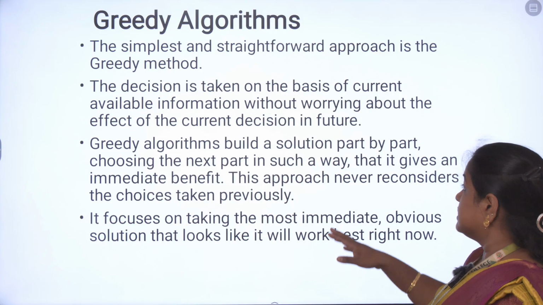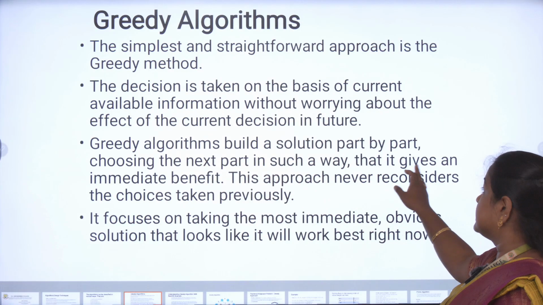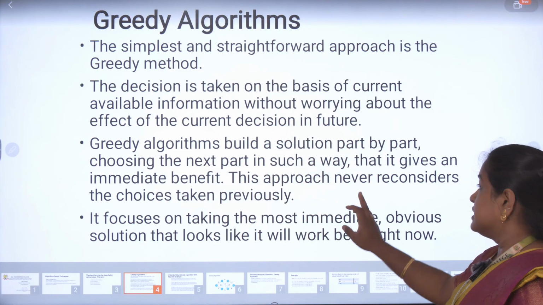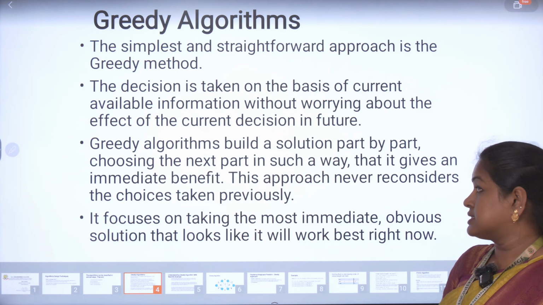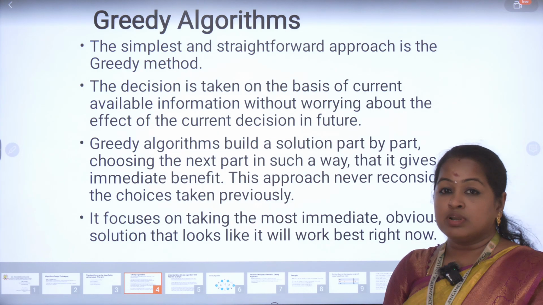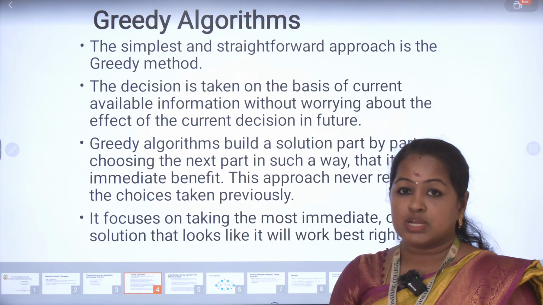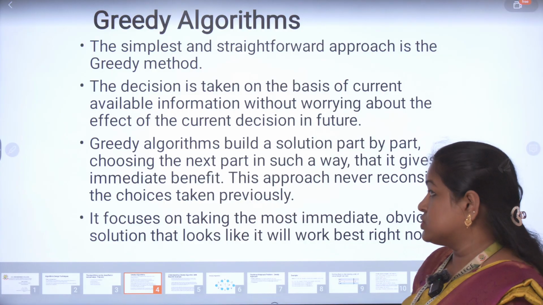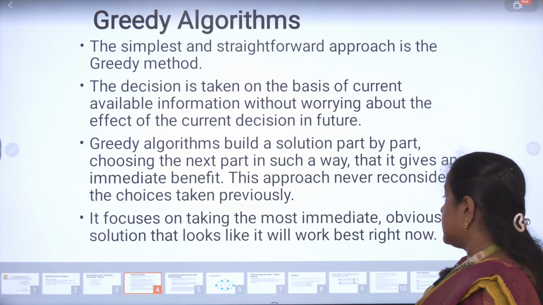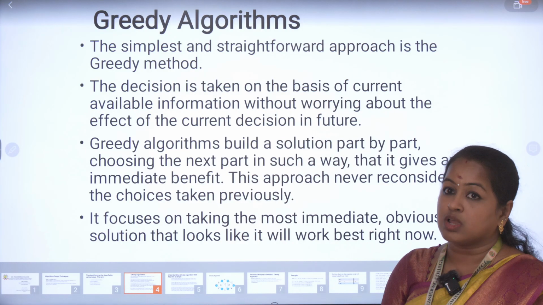The greedy algorithm builds a solution part by part, choosing the next part in such a way that it gives an immediate benefit. This approach never reconsiders the choices taken previously. So whatever solution we take for the current situation, we are not going to consider the past or the future. It focuses on taking the immediate obvious solution that looks like it works best right now.